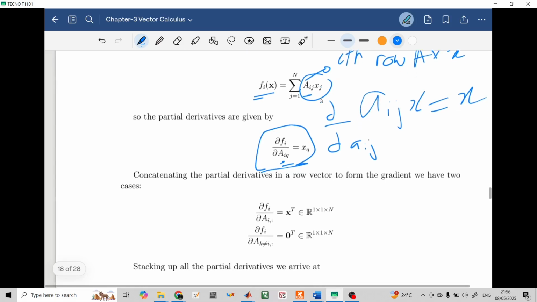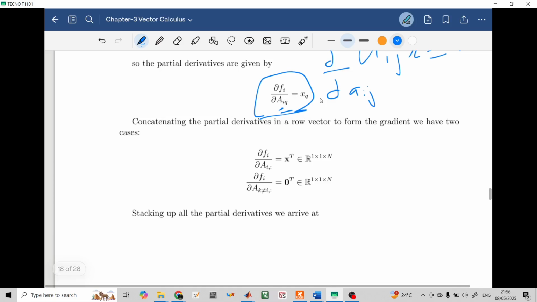Now this is a special case. As for the general case, if we want to take the derivative of the ith element of f with respect to the ith row of A, it will equal x transpose. Otherwise, it will equal 0 transpose. What does that mean?